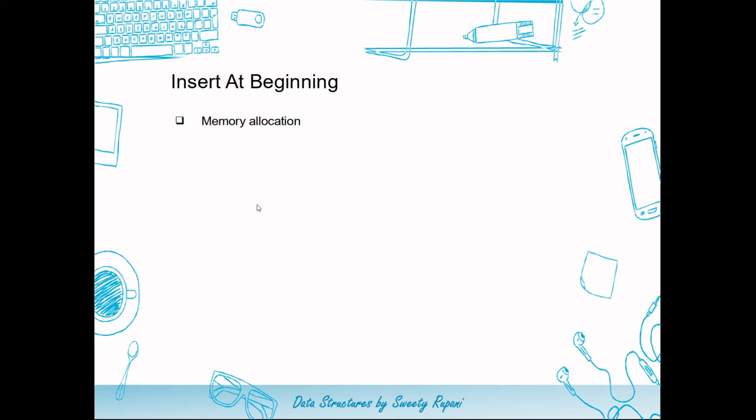Now let us have a look at insert beginning. First of all, we'll have to go for a memory allocation whenever it's an insert function. So irrespective of which insert we are doing, we will have to go for this memory allocation. The malloc function is an inbuilt function which you'll find in stdlib.h, which is used to allocate memory.